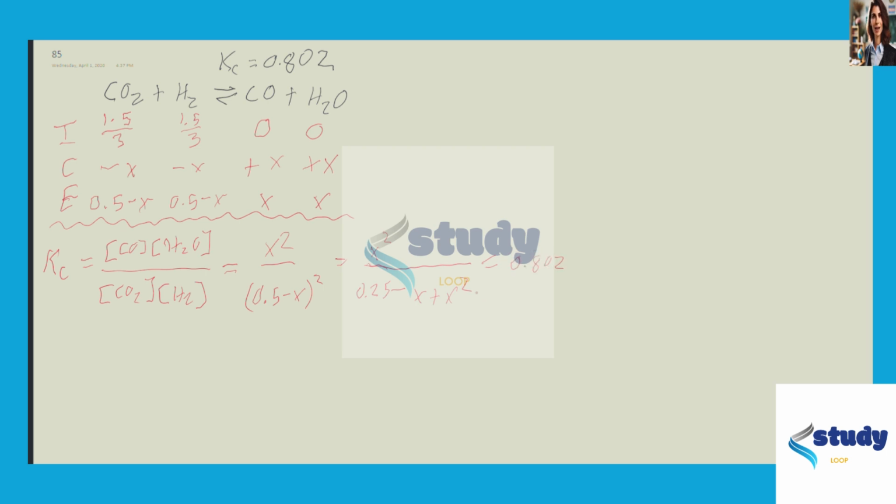So now I'm going to multiply this denominator over to the right-hand side, which will allow me to distribute the numbers.